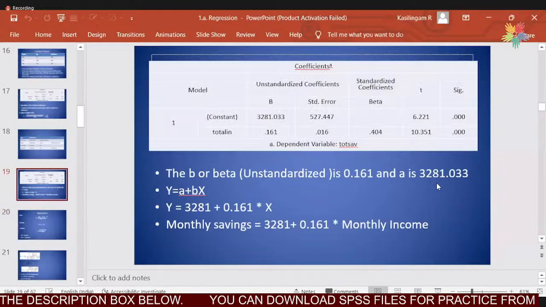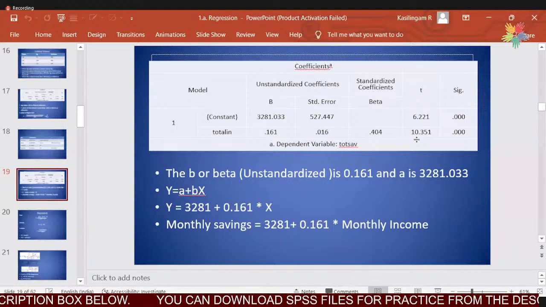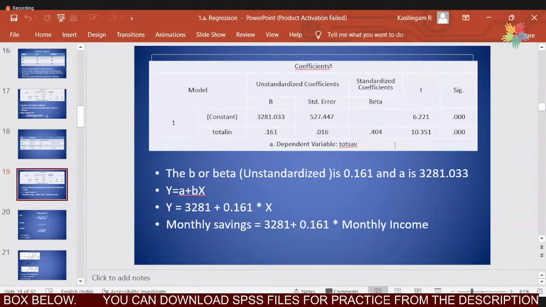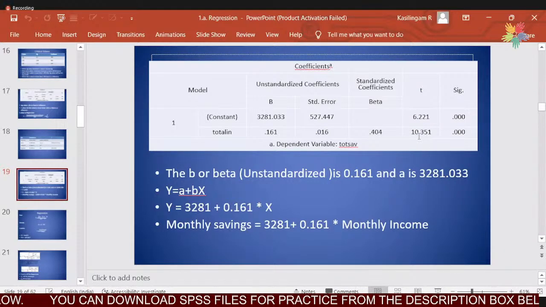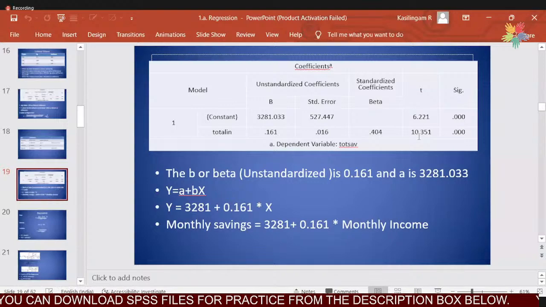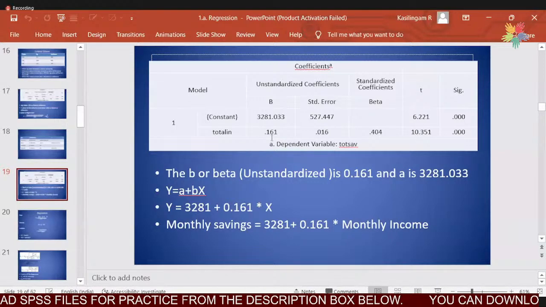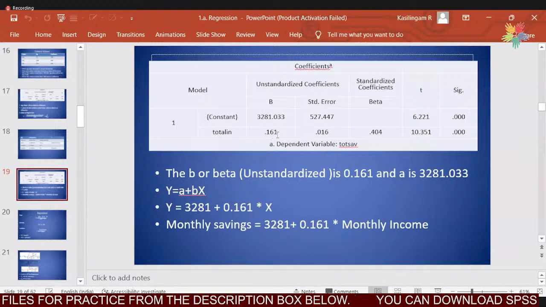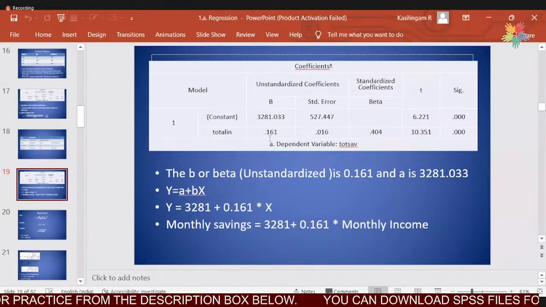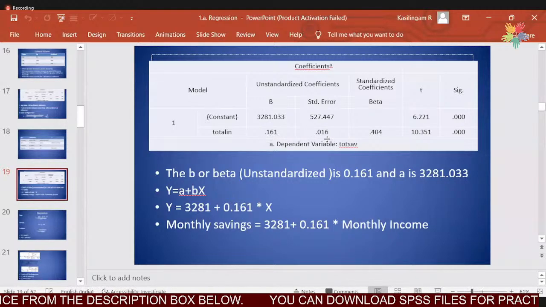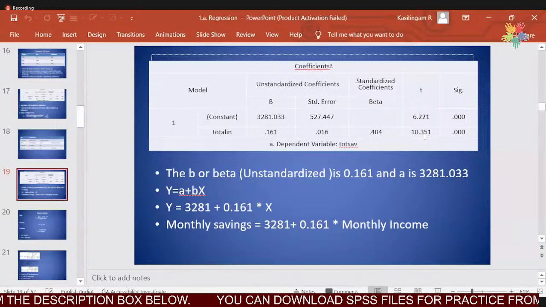Now, this t is the estimate divided by the standard error. Here our estimate is beta, so beta divided by standard error is the t value, right?